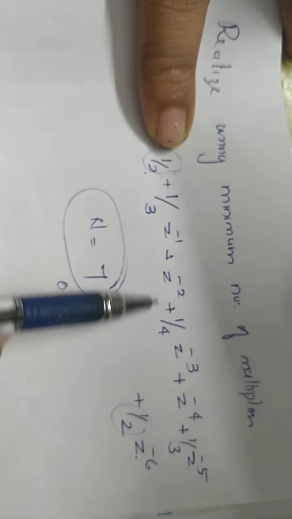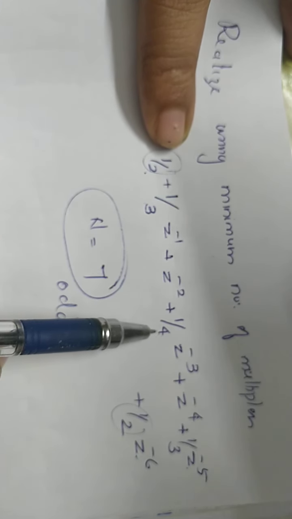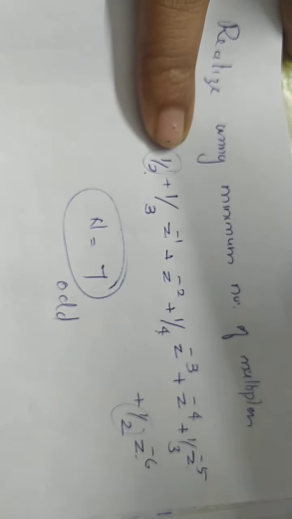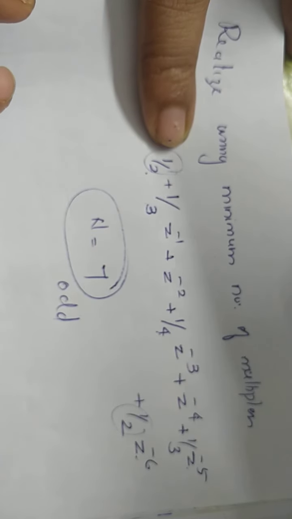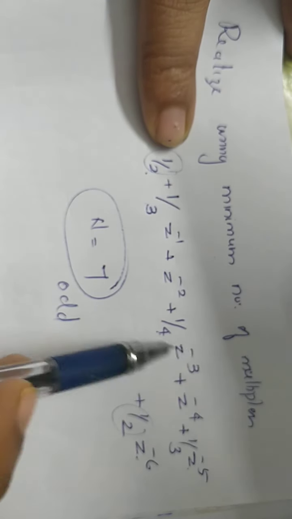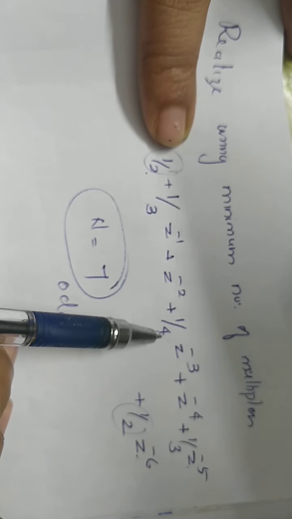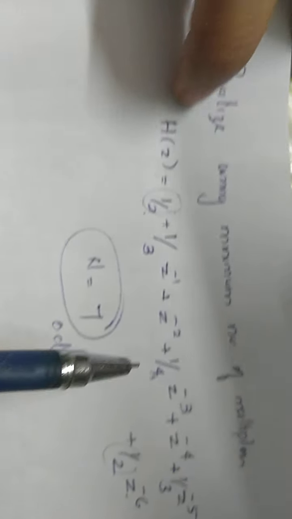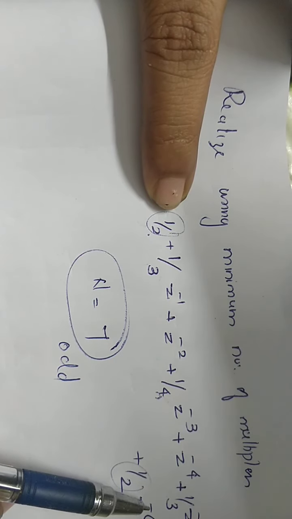Similarly 1/4 coefficient for z raised to minus 3, only 1/4 coefficient. Okay, that's all. 1/2 coefficient, everything is over. 1/2 coefficient for 1 plus z raised to minus 6.